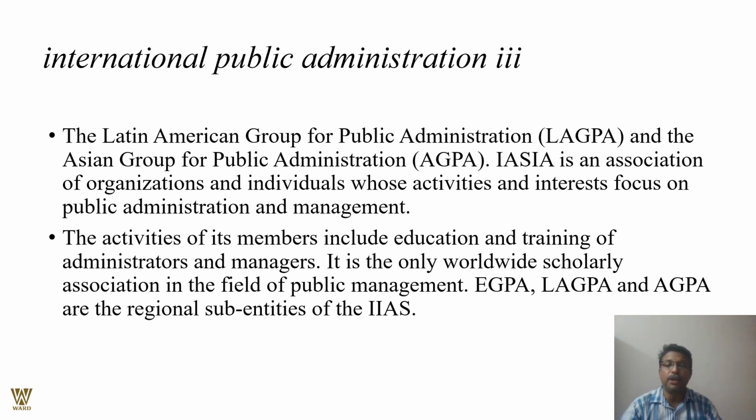IASIA is an association of organizations and individuals whose interest focuses only on public administration and management. The activities of its members include education, training, administrators, and managers. It is not only a worldwide scholar association in the field of management. EGPA, LAGPA, AGPA are the regional sub-entities of IIAS.